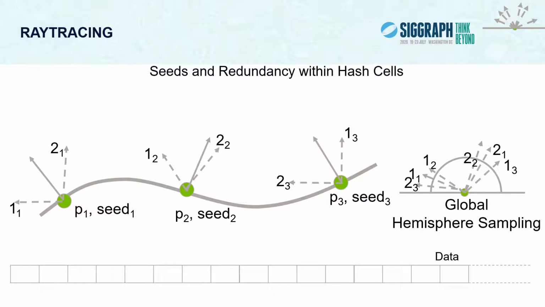That would work. But if we think about the meaning of a hash cell, it has a pretty limited location, and the normals are also very similar. So we can imagine some kind of global hemisphere above a hash cell that we want to sample. And if we sample each point completely independently, then mixing all those random sequences together may end up with very suboptimal sampling.